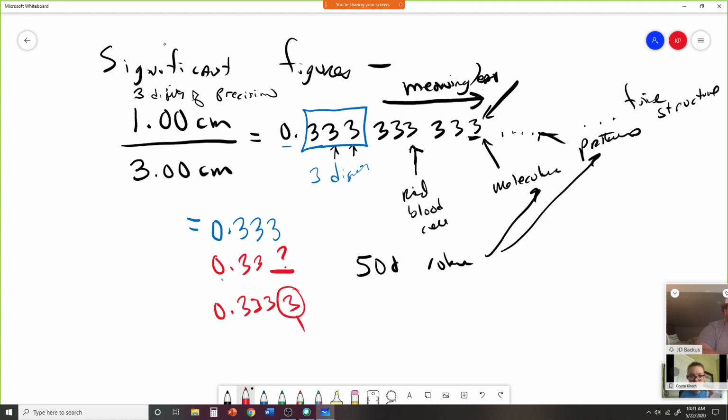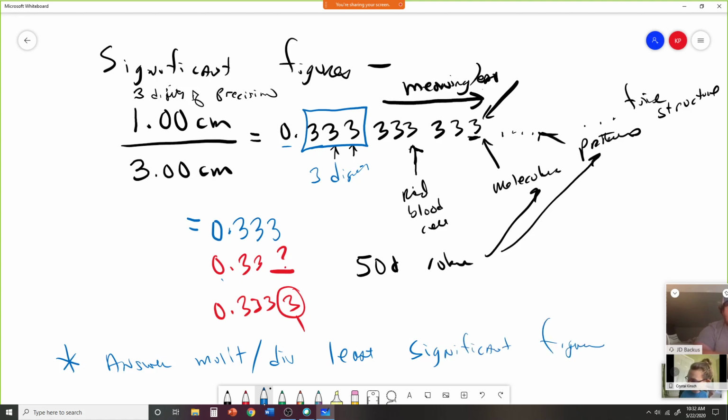So, how would we summarize this? Here's the summary: the answer for multiplication slash division has the least significant figures. Now, what is a significant figure?